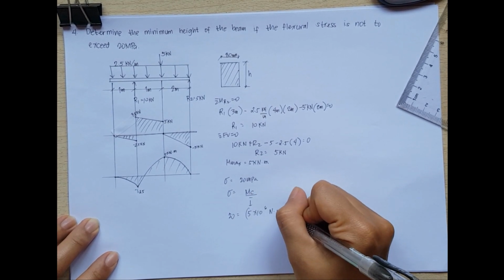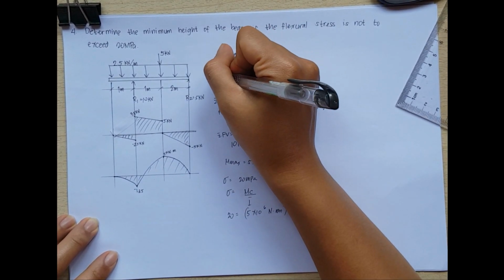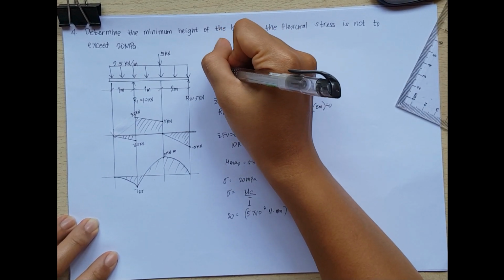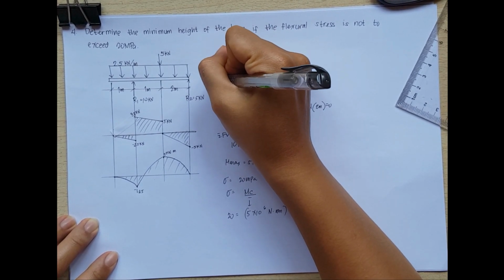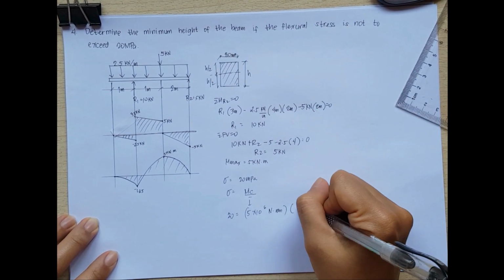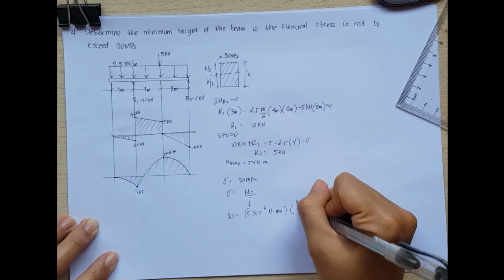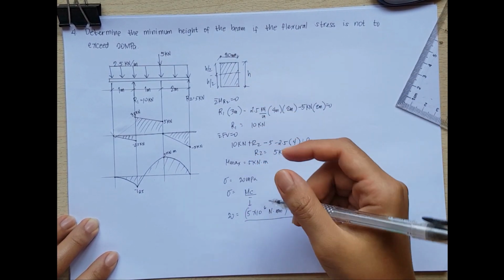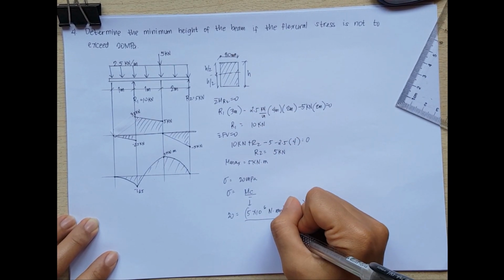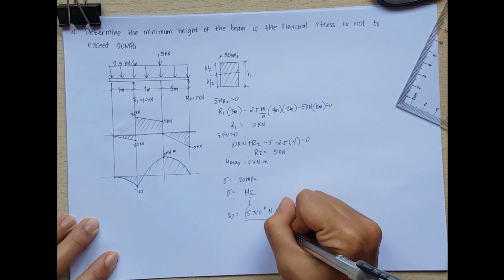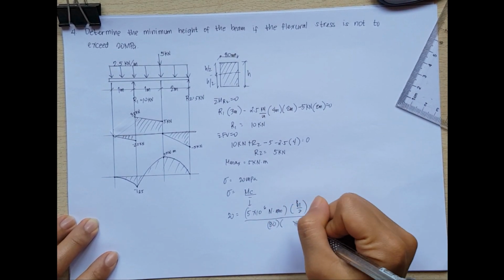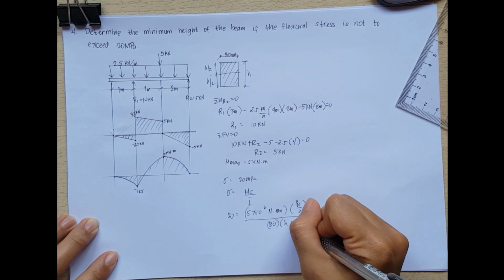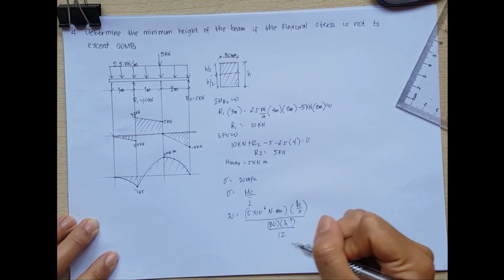And then, the distance from the neutral axis to the outermost fiber is h all over 2. So, h all over 2 all over yung moment of inertia is bh cube all over 12. So, yung b is 80 millimeters. Height is h, yun yung hinahanap natin, all over 12.